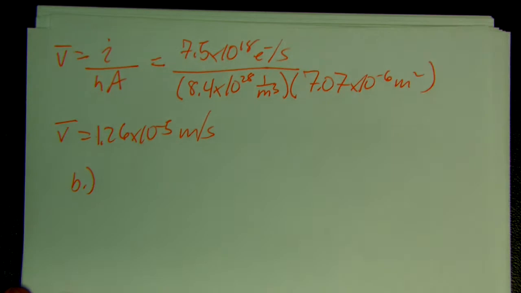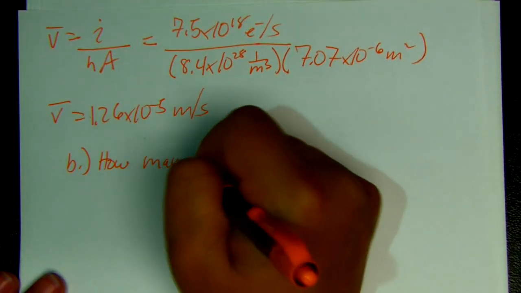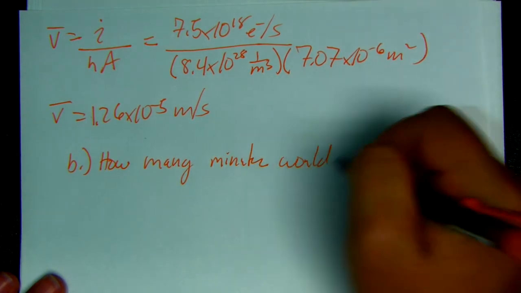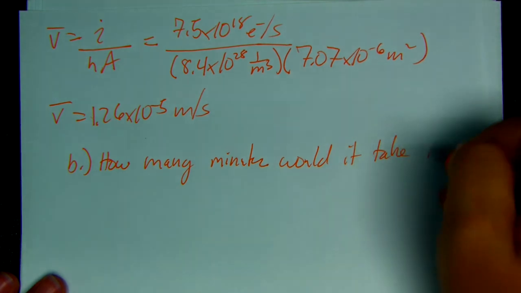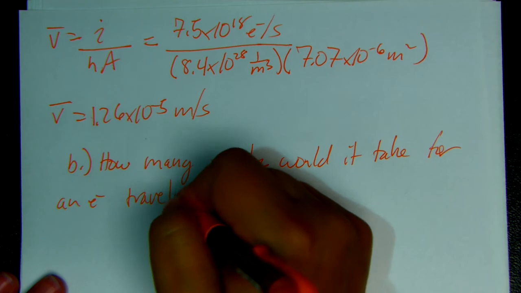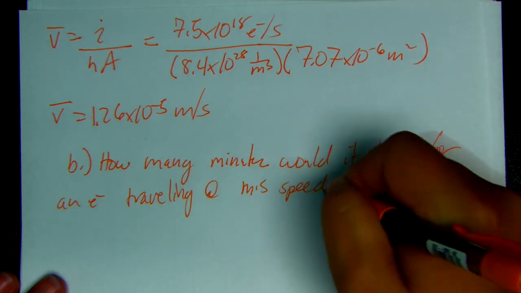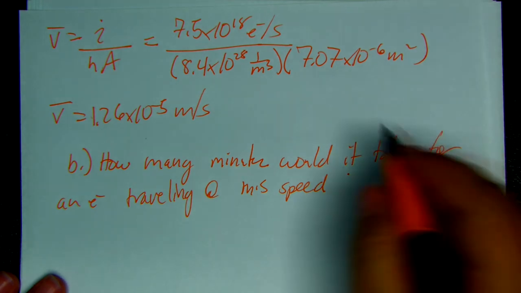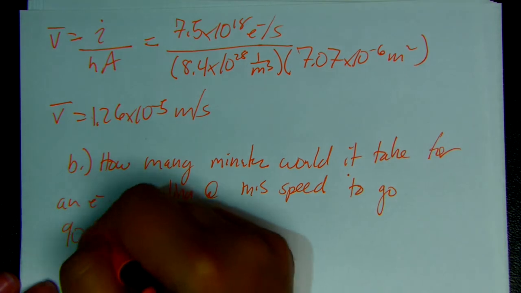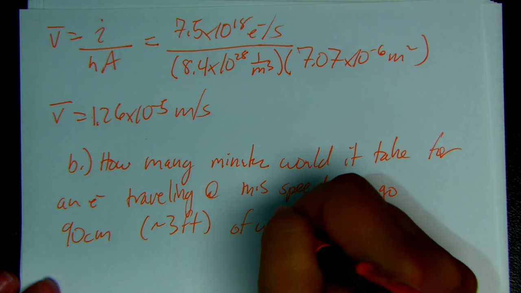And we're going to find something interesting that we will dissect in the next chapter. So how many minutes would it take for an electron traveling at this speed to go 90 centimeters, or about 3 feet of wire?